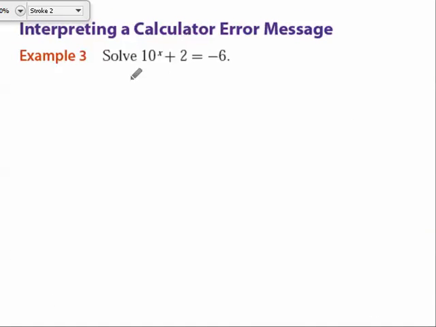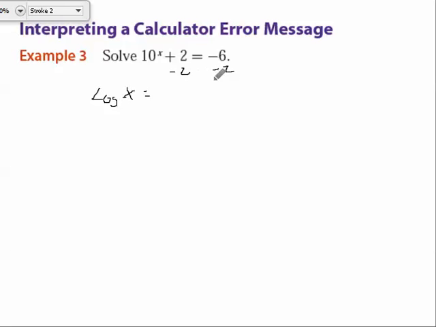Let's go forward. If I were wanting to solve this one, I'm just going to take a log of everything that's on the screen here. Okay? The first thing I wanted to do was to subtract 2 from both sides.